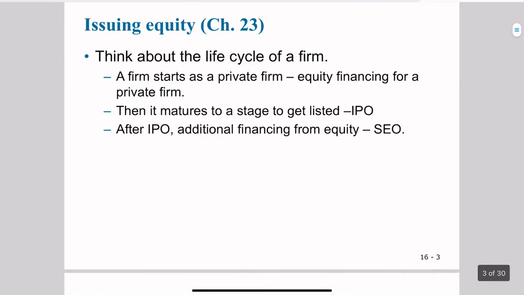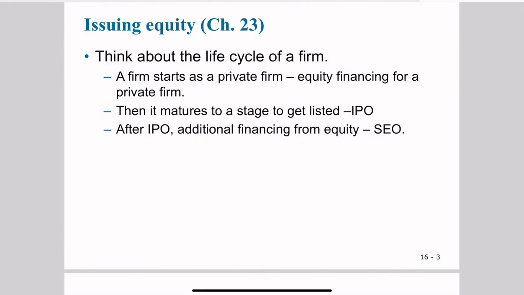First, for chapter 23, we talked about issuing equity. In thinking about this chapter, you could think about the life cycle of a firm. If you're a young firm, pre-IPO, then you're just a private firm, and we could talk about equity financing for a private firm.